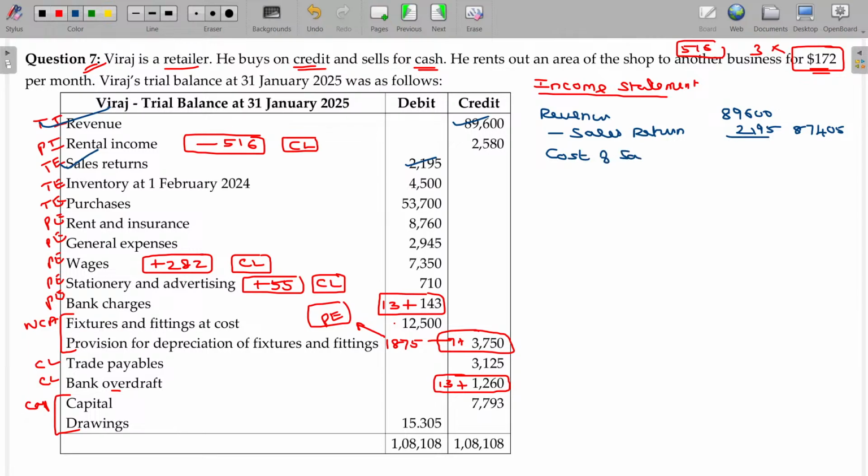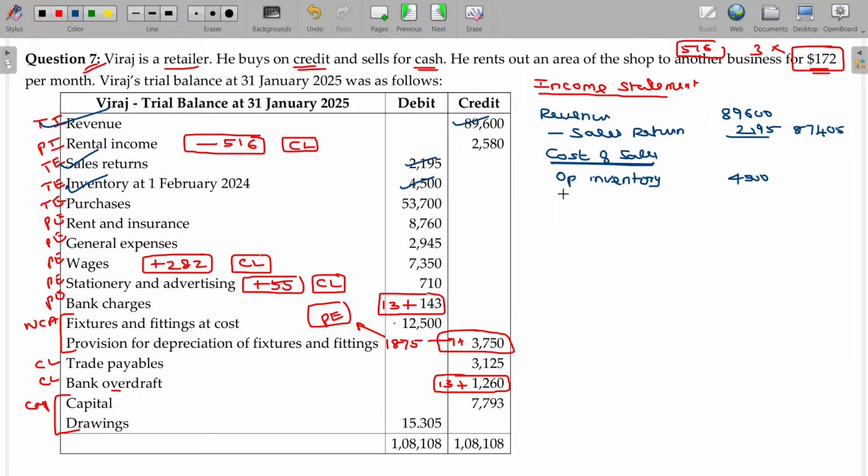Cost of sales. In cost of sales we start with opening inventory. The opening inventory in this case being 4,500.